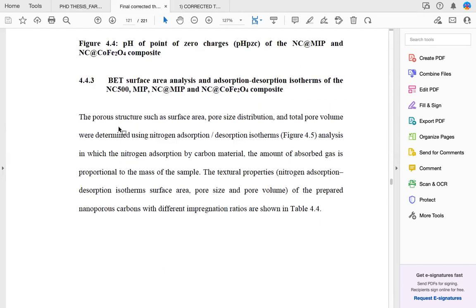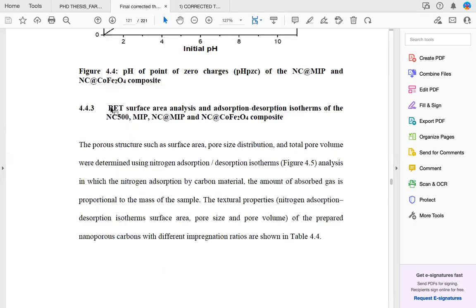Okay, this is another very important characterization called BET. Does anyone know what BET is? The name BET, anyone? This is the first question that I pose after 1 hour. What is BET?